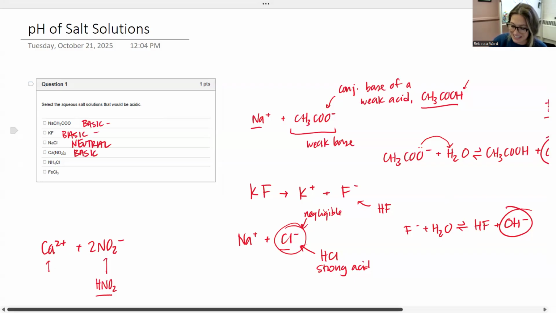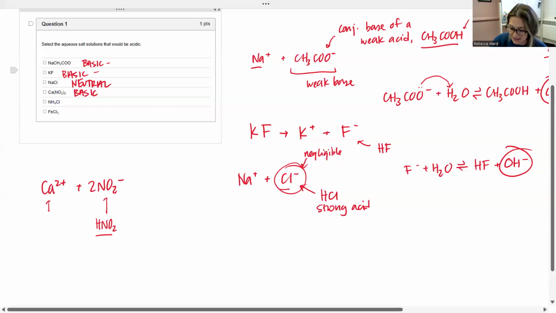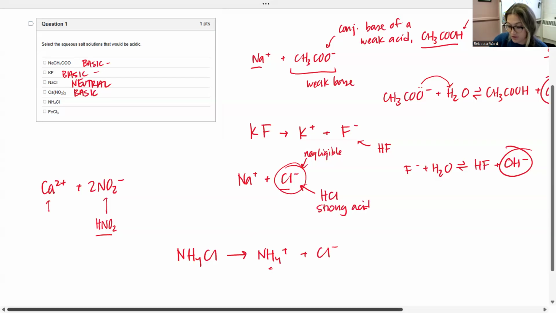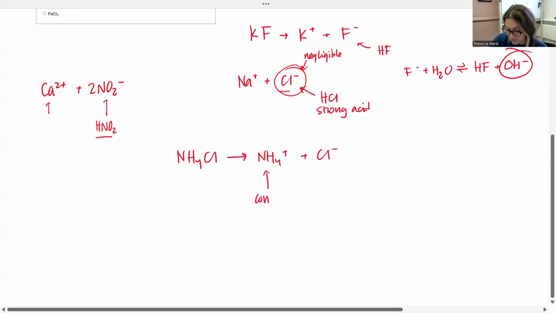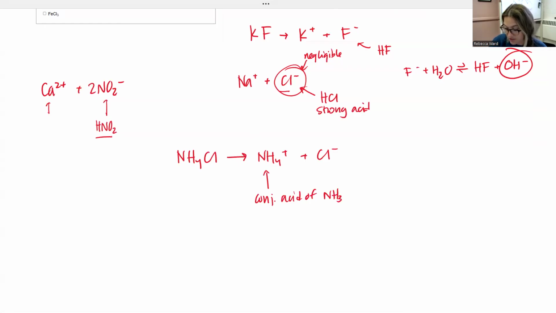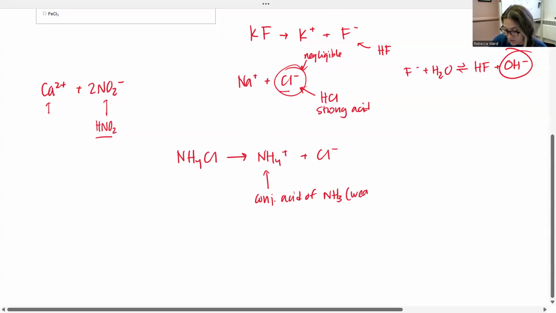And now we finally get to an answer that I think is going to give us an acidic solution. So ammonium chloride. You need to remember that ammonium is NH4 plus, and it's going to hold on to that extra proton. That is the conjugate acid of NH3, ammonia, which is a weak base, which means that this must be a weak acid.